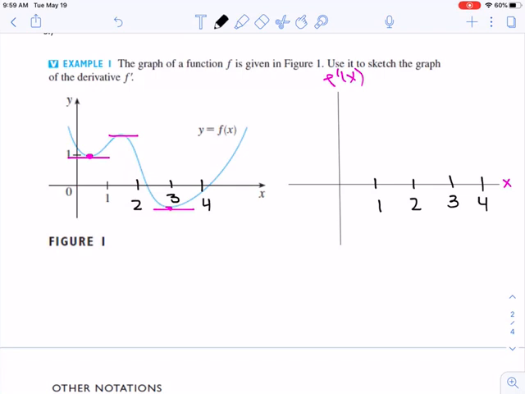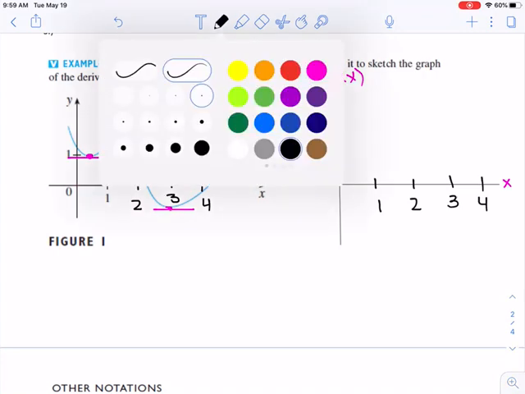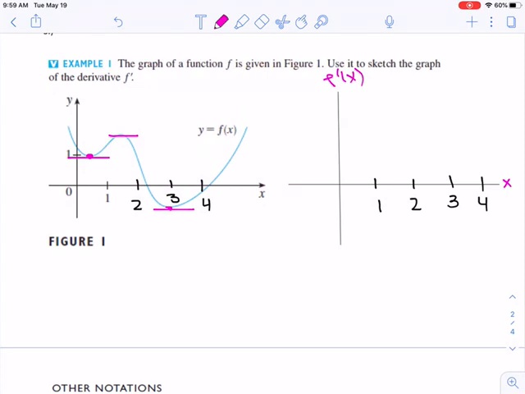I know my derivative is going to have a value of 0 any place where my original curve changed direction. So it looks like when my x coordinate is maybe 1/2, I have a derivative of 0. And then maybe at 1.5, I change directions again, so the value of my derivative would be 0. And then maybe here at 3-ish, I have a derivative of 0.